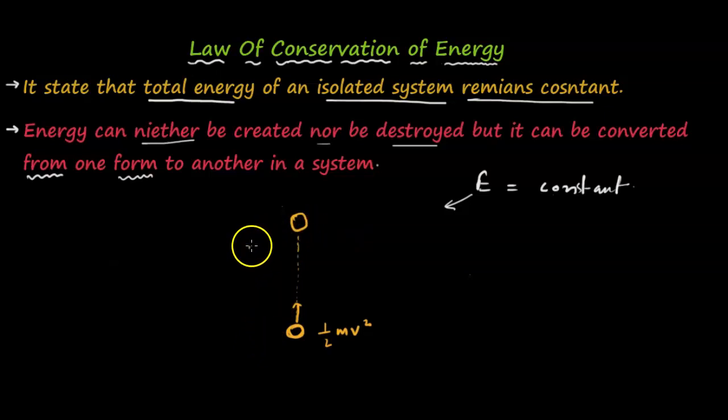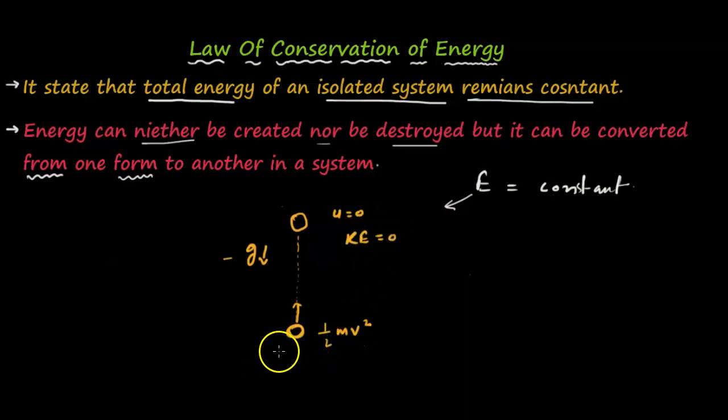Why? Because there is acceleration due to gravity acting downward, so the acceleration is opposite to the direction of the displacement. It is a retardation, so it will decrease the velocity, and it will reach a point where the velocity becomes zero. That means kinetic energy becomes zero.